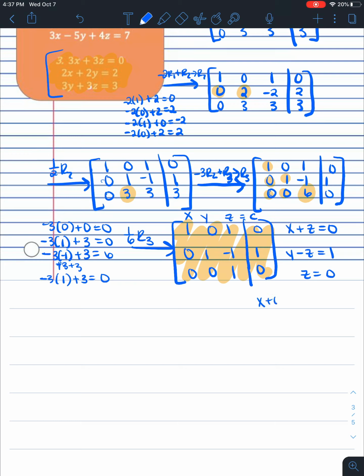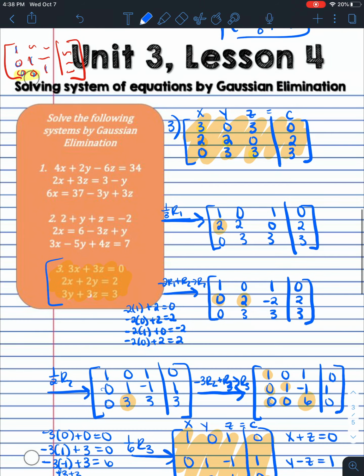So I can plug these values in. I end up getting x plus 0 equals 0, so x equals 0, and y minus 0 equals 1, so y equals 1. So my solution to this system is my x value is 0, my y value is 1, my z value is 0: 0, 1, 0.